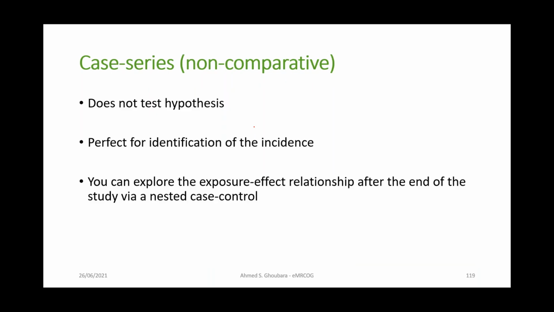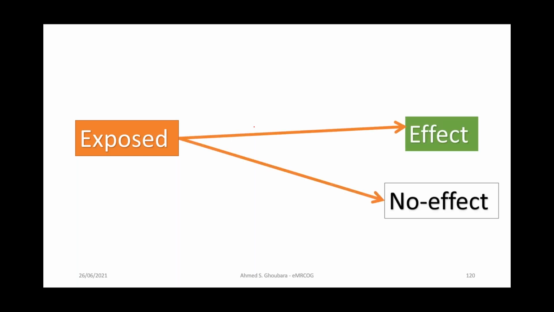Case series. Now we come to the word incidence, Dr. Zia. In a case series, people are exposed, and then some at the end will have the effect or no effect. Can you see any comparative group here? Where is the unexposed? There is no unexposed.